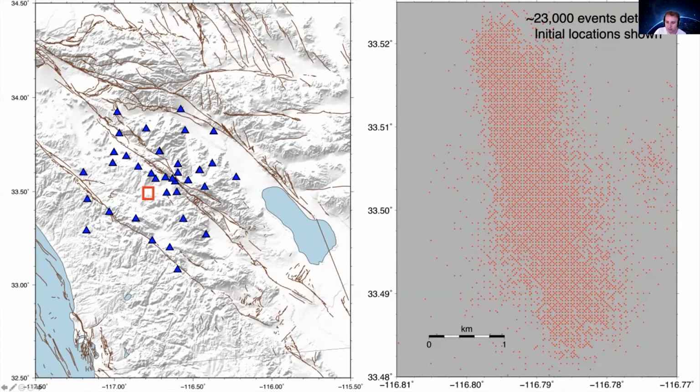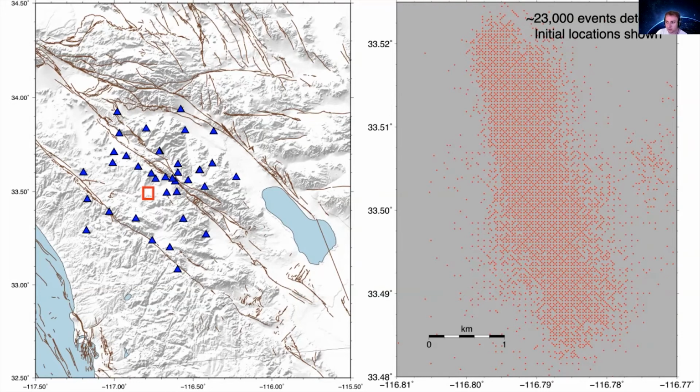You can see here already that the scale of this is quite compact. This is just 1 kilometer. The whole size of this thing is only several kilometers, at least to the extent that these locations are accurate. We can take all of these events and attempt to refine their locations further by using more precise ways of measuring arrival times.